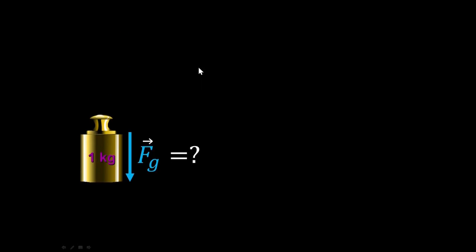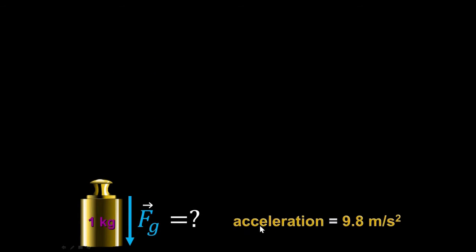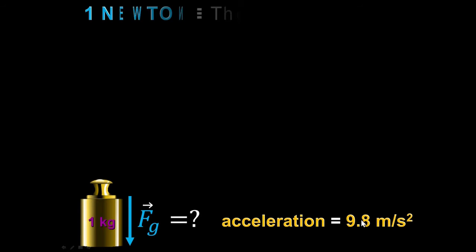So let's think about gravity now. If I had F sub g, anytime you have a subscript here, it's indicating which force we're talking about. So F sub g would be the force of gravity. So 1 kilogram of mass, how much force is on it? Well, we know that gravity is going to accelerate it at 9.8 meters per second squared.